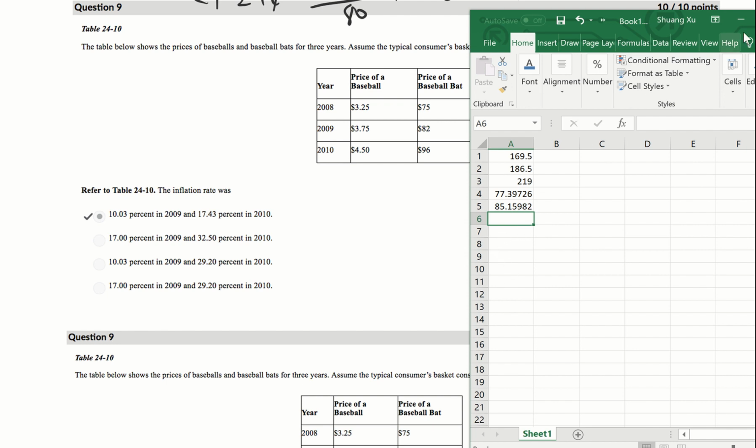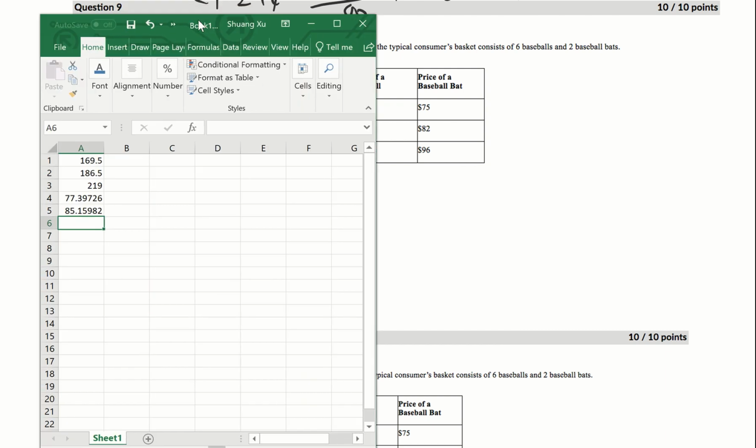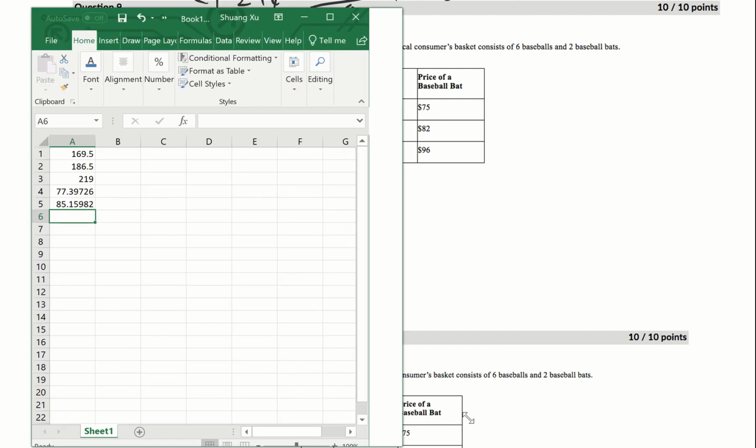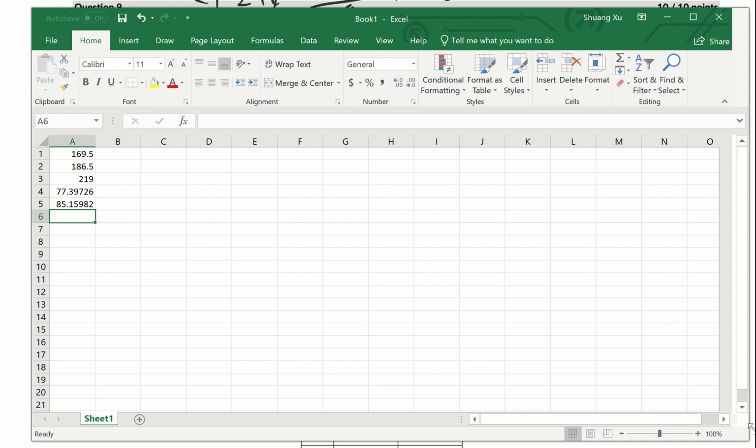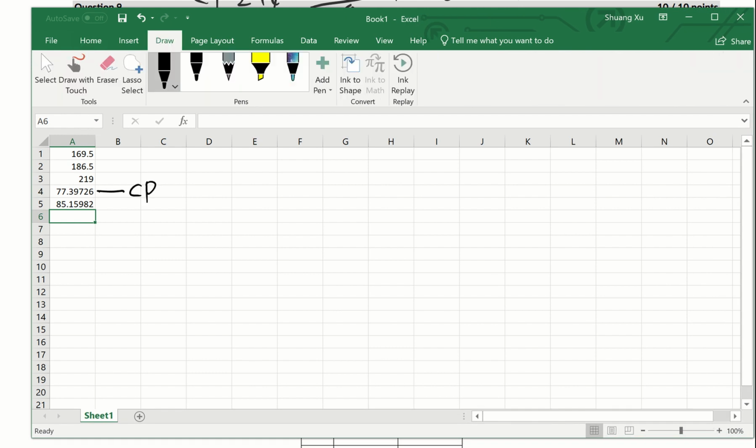So this was our CPI in 08. This is the CPI in 09, and then the CPI for 2010 was 100 from the previous question.